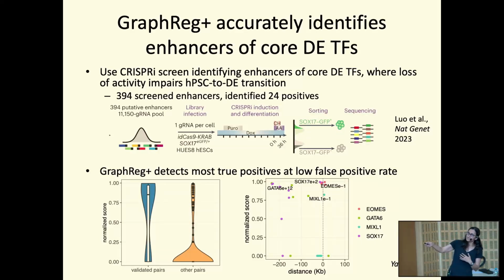Okay, and this is the score out of the model from feature attribution for the true positives versus the true negatives, and basically the majority of these true positives are detected, even at pretty large genomic distance. There are some that are missed, and sometimes they're missed because the Hi-C is not telling us that they're connected, and that could be a sort of capture issue in the Hi-C, okay? But it's actually not too bad. I think the AUROC is like 0.77, it's not so bad.